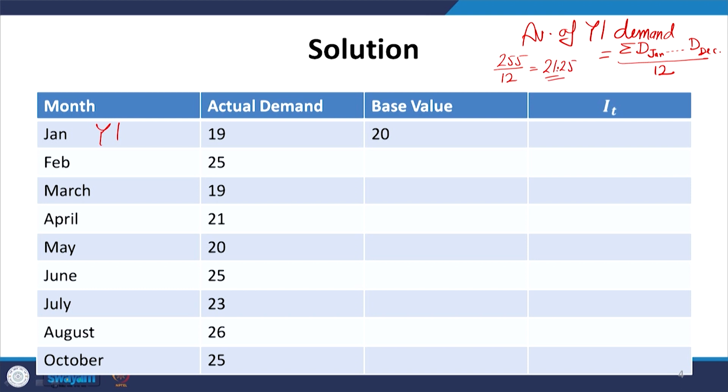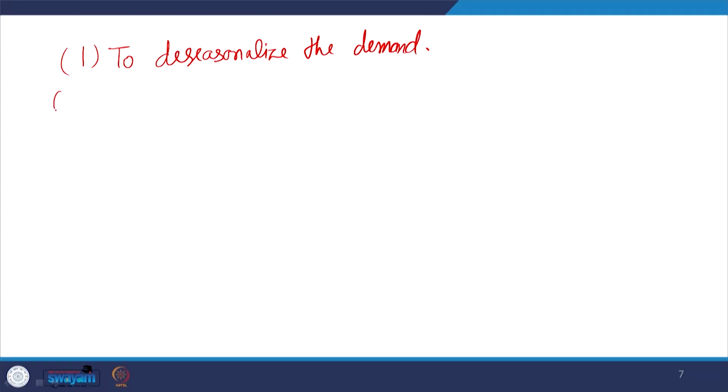This is the average demand for year 1. Now, based on this average demand, we will calculate the seasonal component, the seasonal index of each period. So, now the second step is to calculate the seasonal index.